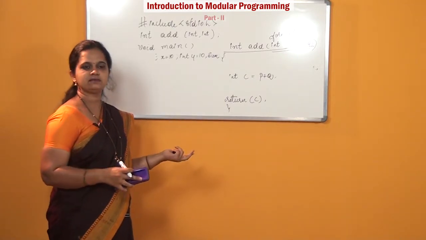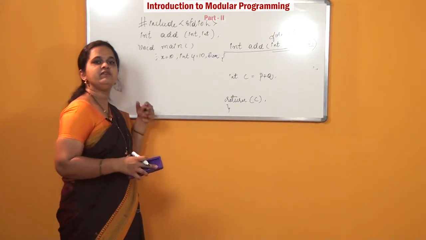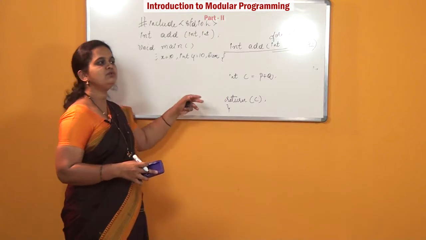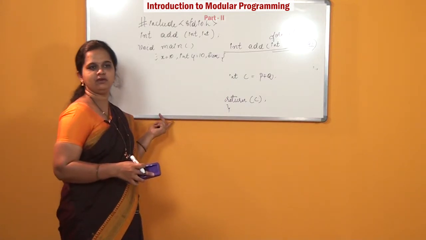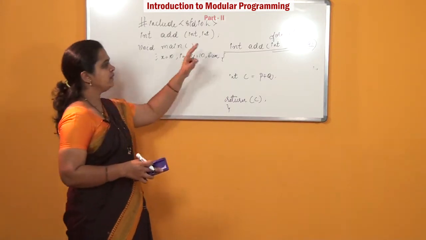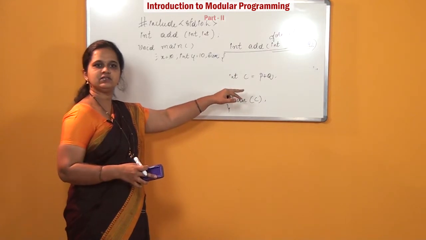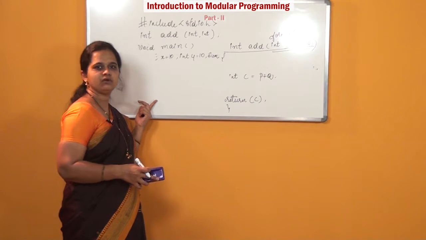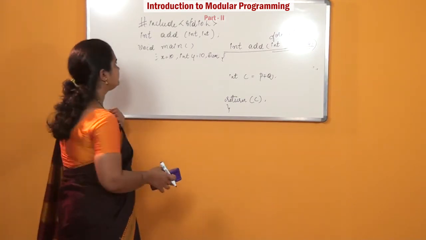Really they are not passed back, but we feel as if they are. It is something like magic that we do using the pointer concept, so that we make the changes in the function, but we are not returning the value, yet here we get the value that is already returned back.